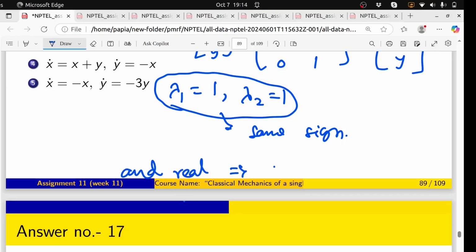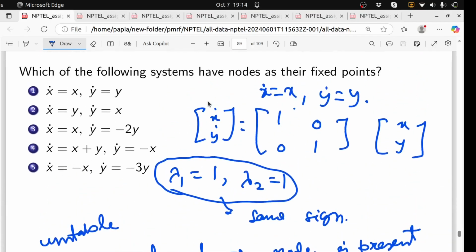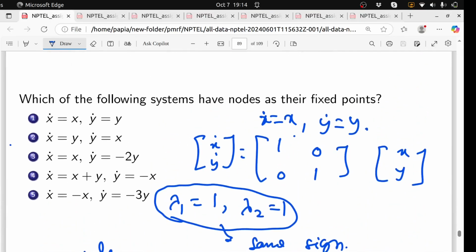So a node is present, and what type of node will be there? That will be unstable, because lambda 1 and lambda 2 are both positive. But they are not talking about unstable or stable condition. They are just asking which one will give the node. So the first one is giving me the node. Okay.